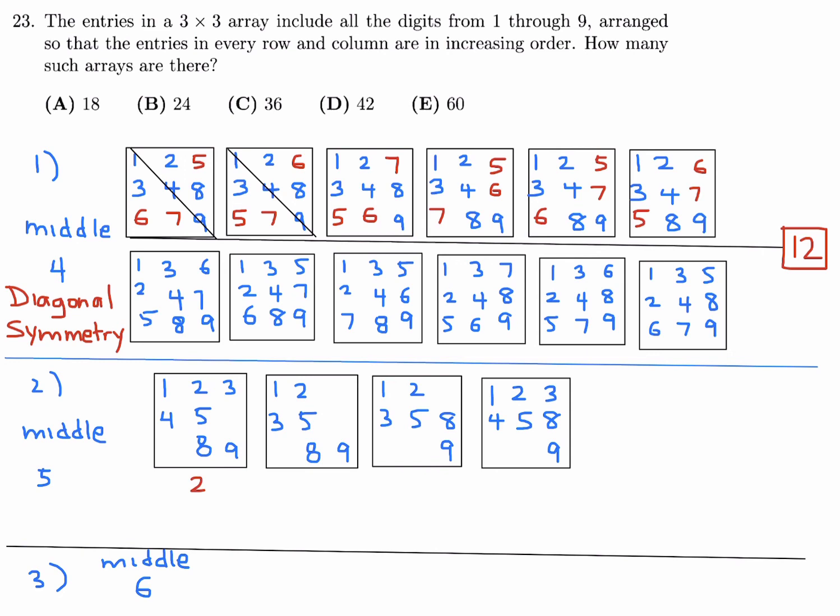For the next one, there's 3 digits missing, and those 3 can be arranged in 3 ways. For example, the 4, 6, and 7. So you can have 4, 6, and 7 like that, or you can have the 4, 6, and 7 like that, or you can have a 4 and the other 2 like that.